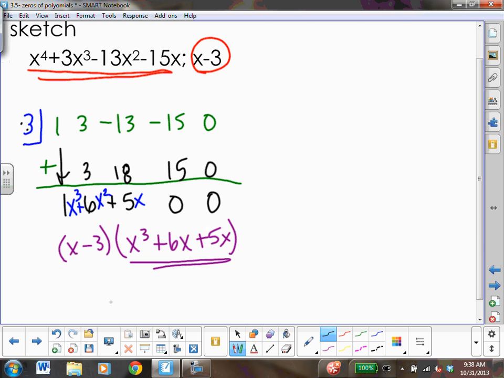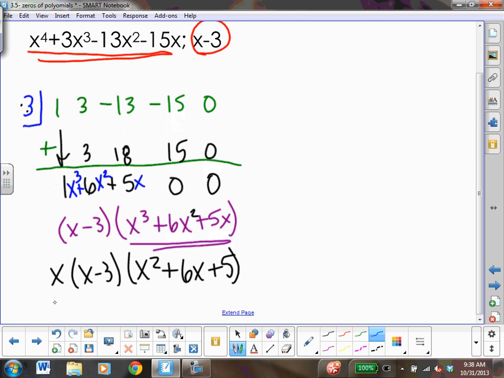I know that I can factor an x. X squared. And x squared plus 6x plus 5 can factor even further.